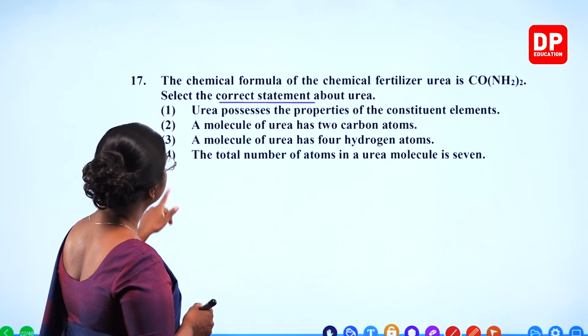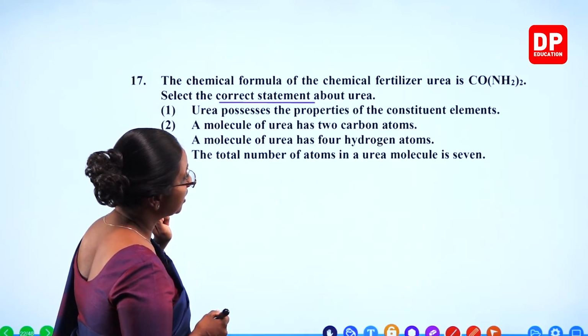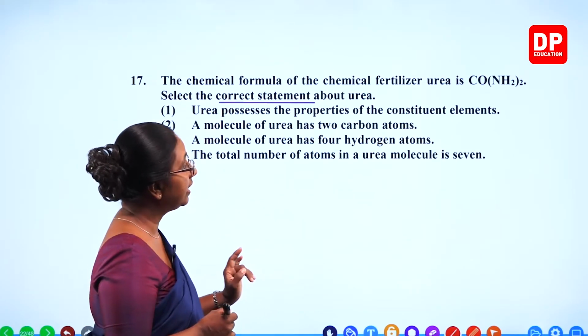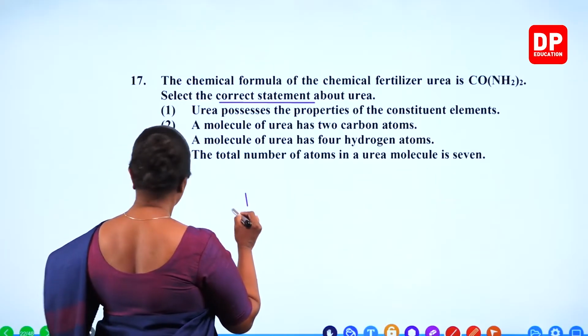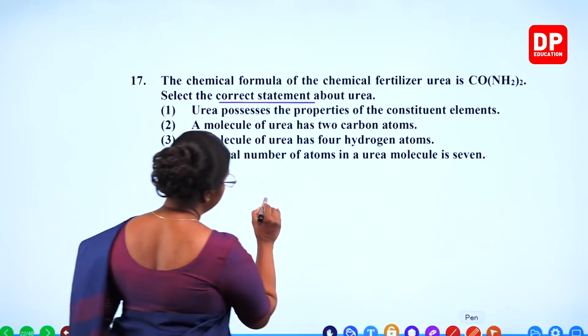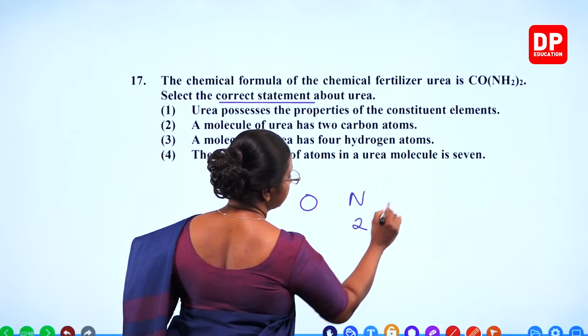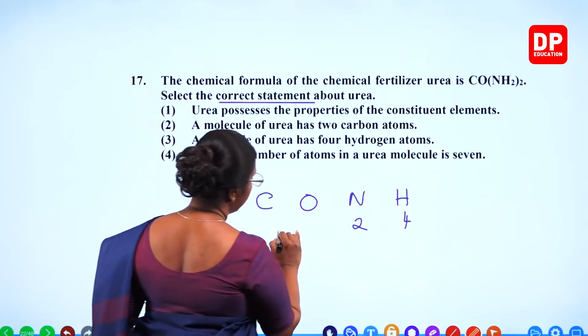And the fourth one, the total number of atoms in a urea molecule is 7. That is also wrong. Why? Because we have 1 carbon, 1 oxygen, there are 2 nitrogens and there are 4 hydrogens.